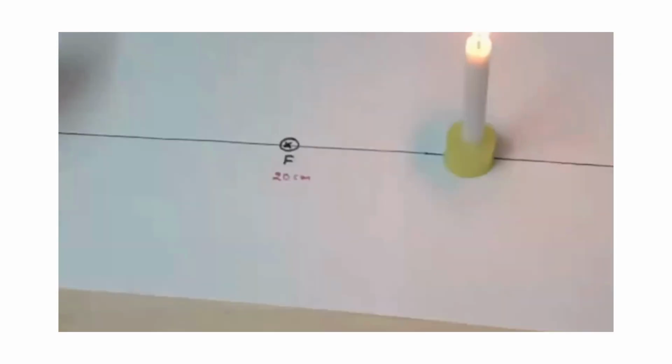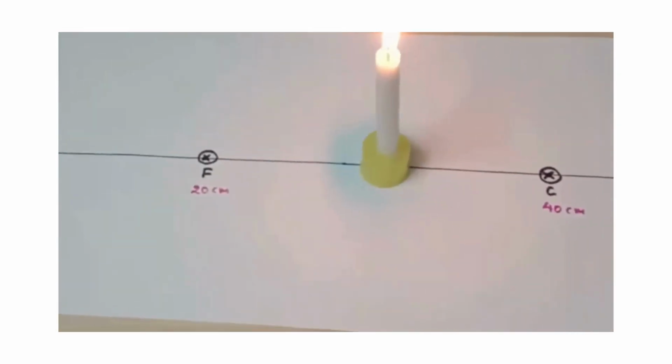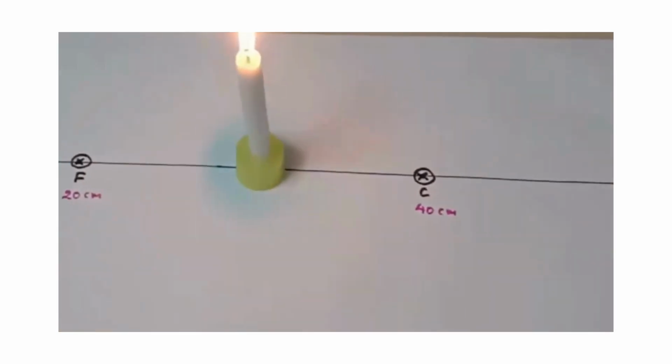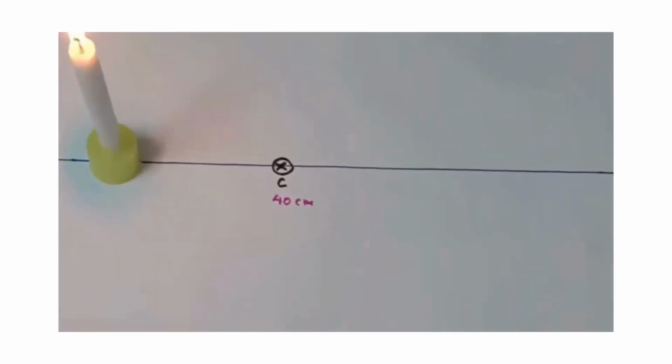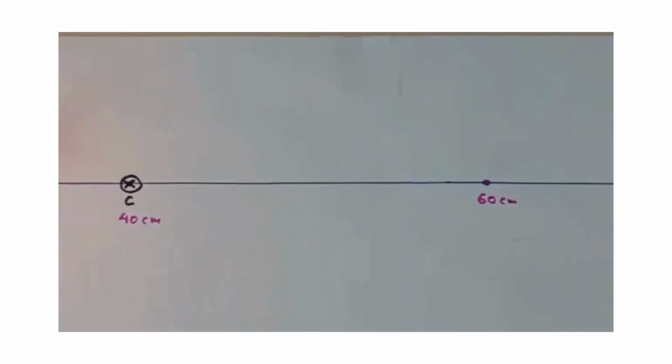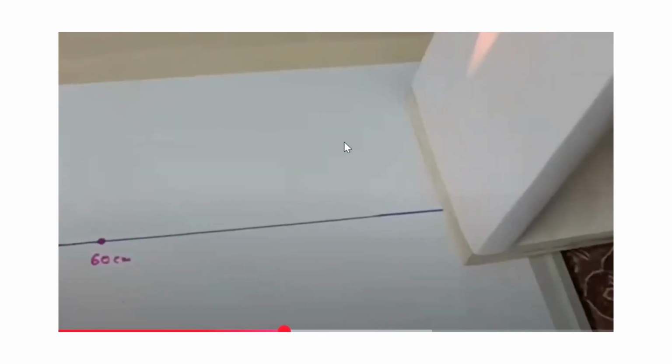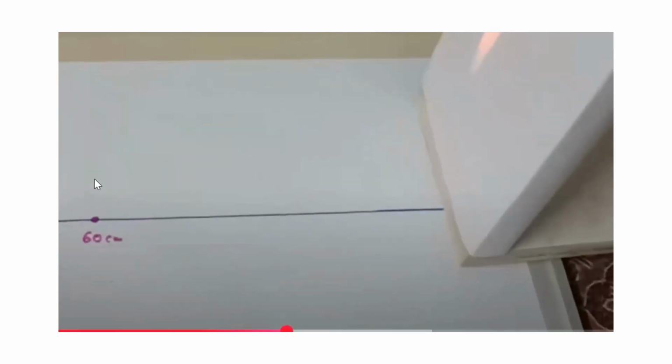You can move the screen forward and backward to check the sharpness. Wherever you get the sharpest image, that location would be your final image location. Right? So it's very much beyond the principal axis, no?